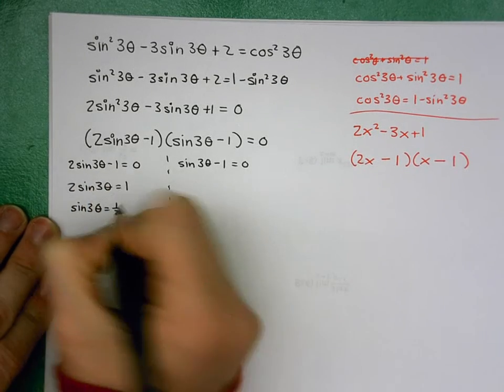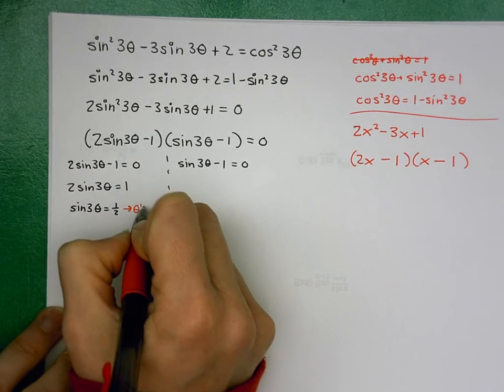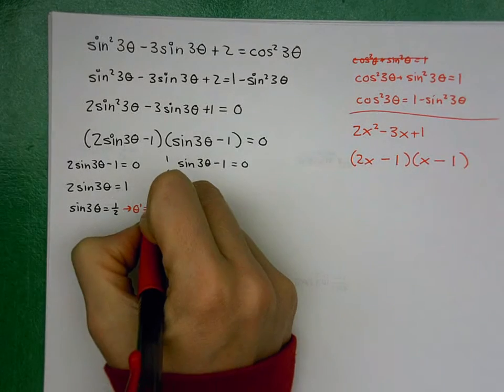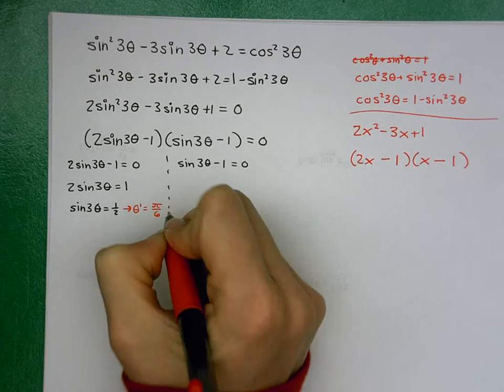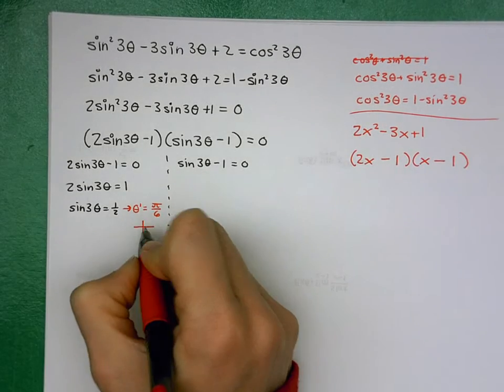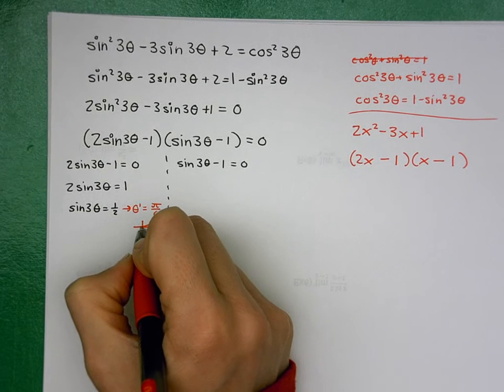Okay, so go ahead and think about your reference angle here. Sine of 1/2, what angle would that be? And you should land on pi over 6. And then for this one, we are wanting the pi over 6 angle for sine to be positive, to be in which quadrants? The sine is positive in the first and second quadrant.